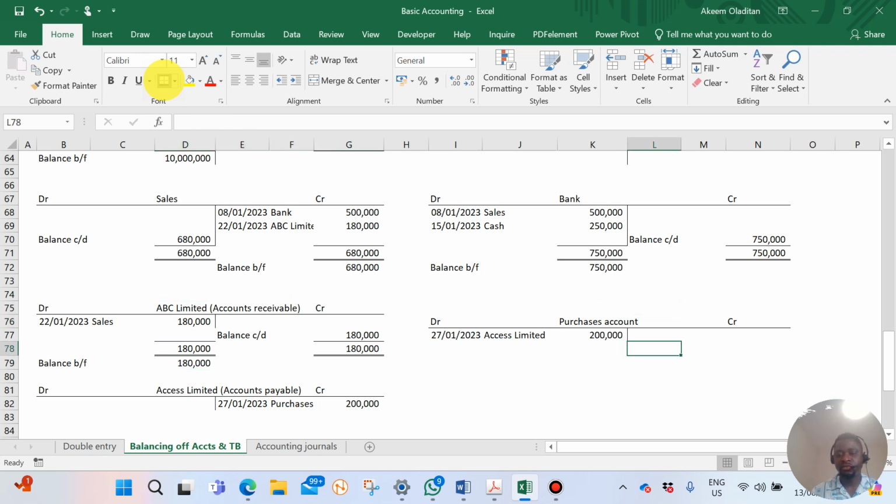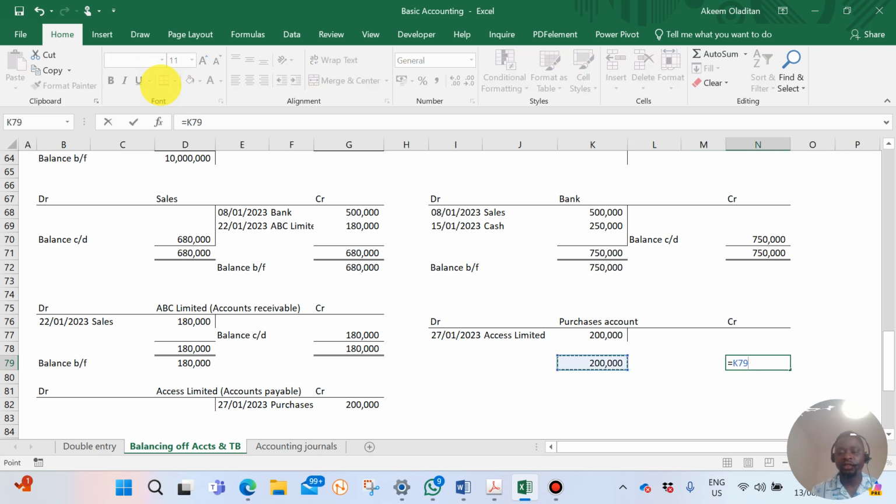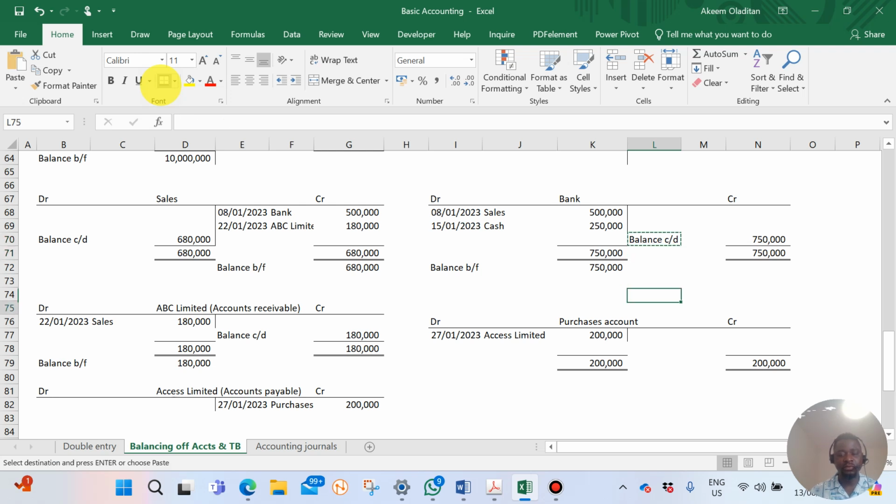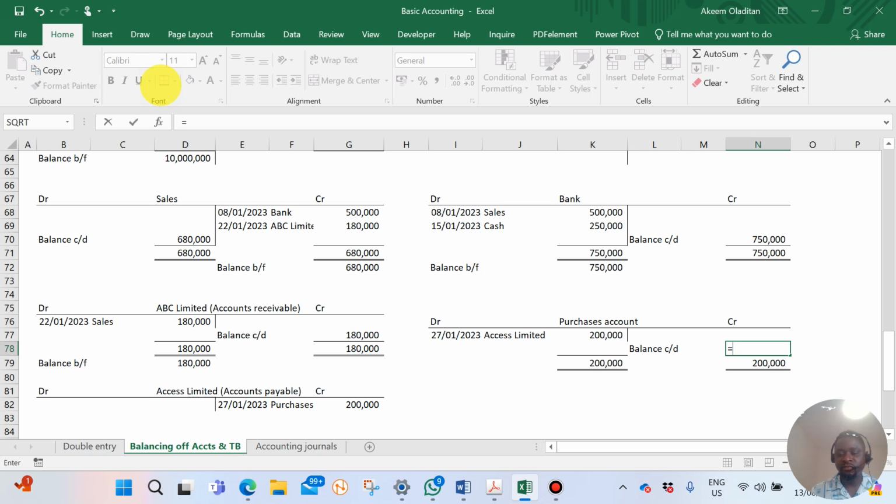Do the same for the purchases account. Sum it; the sum equals this. Our balance carried down will be here. Just copy this and paste the same value, because there are no other balances to compare with. Balance BF.